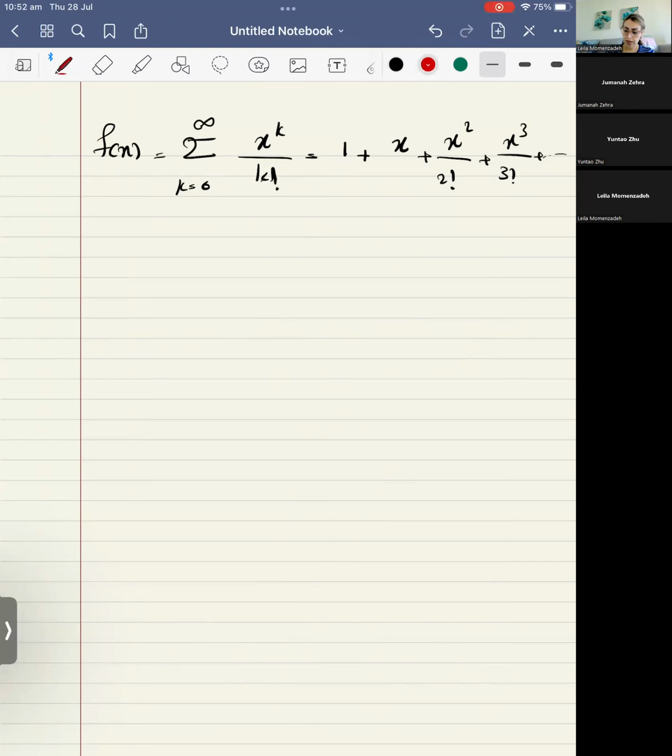We can say, as an exponential function, we can write e to the power x is equal to the summation k equals 0 to infinity of x to the k over k factorial.